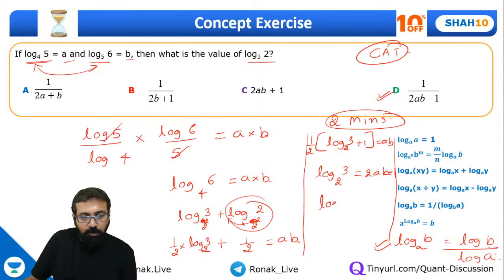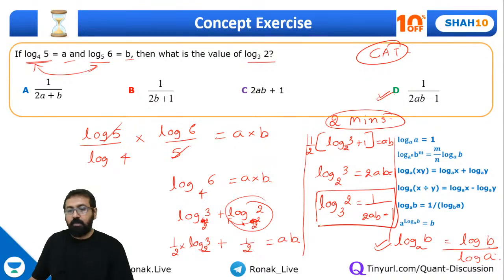So if I take reciprocal on both sides, I'll get log of 2 with base 3, which is equal to 1 upon 2AB minus 1. Yes, have you understood this? And that's why you can say it's a CAT question.